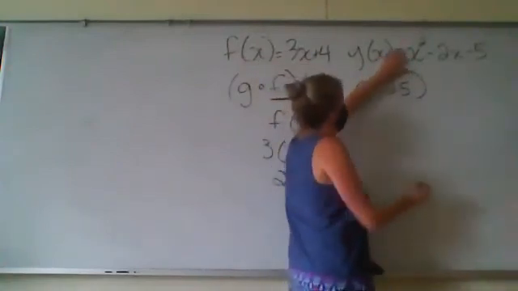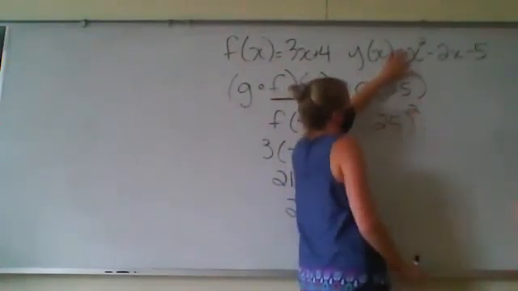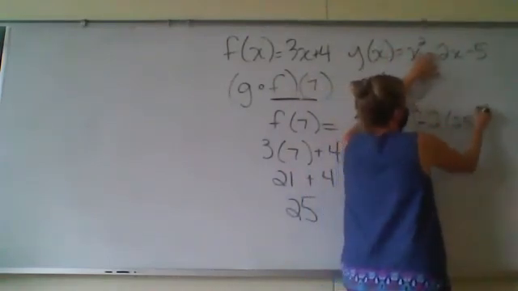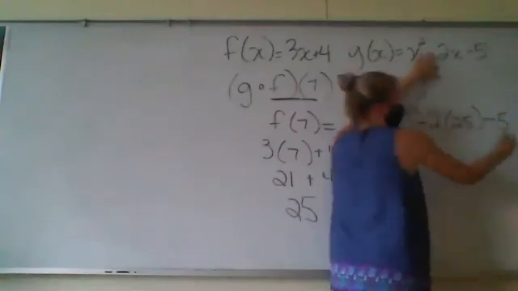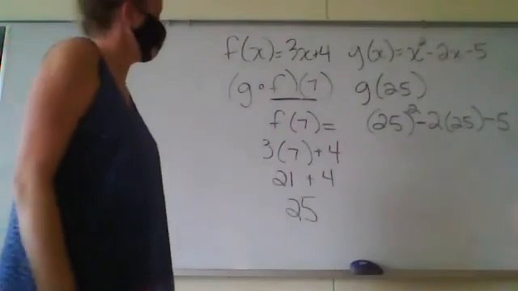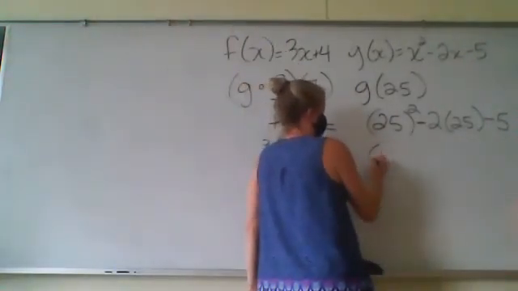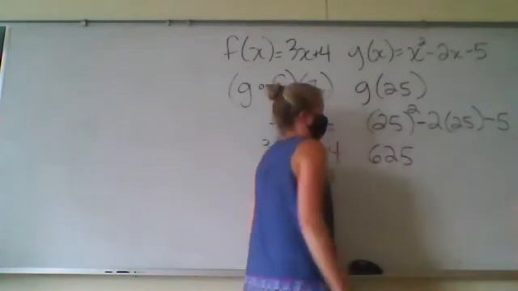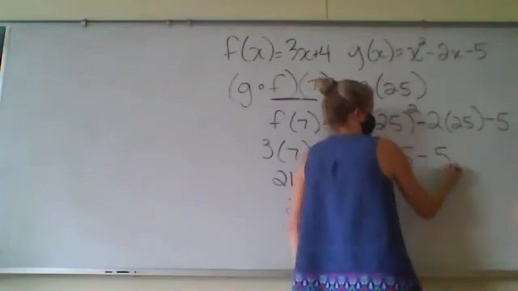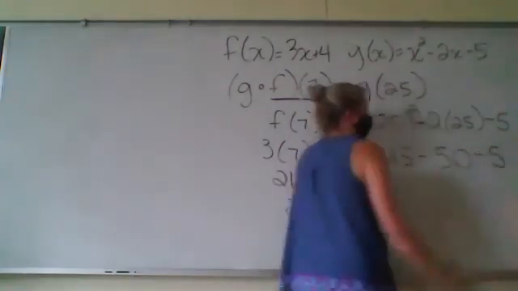So when I do that, I'll have 25 squared minus 2 times 25 minus 5. So 25 squared means 25 times 25, which is 625, minus 50 from 2 times 25, bring down the minus 5.